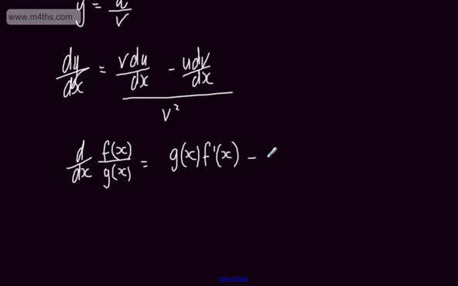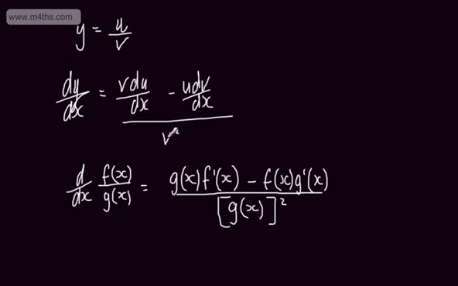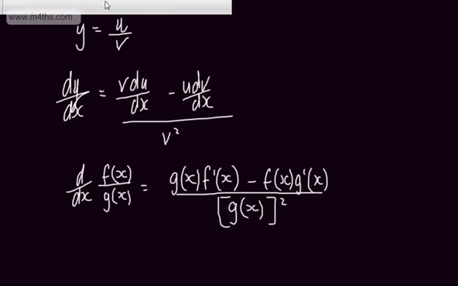Then we'll have now minus f of x multiplied by g dashed of x, and this will now be all over g of x squared. So that's now in function notation. I prefer working with this particular form, and we can see that this is quite close in terms of its formation to that of the product rule.